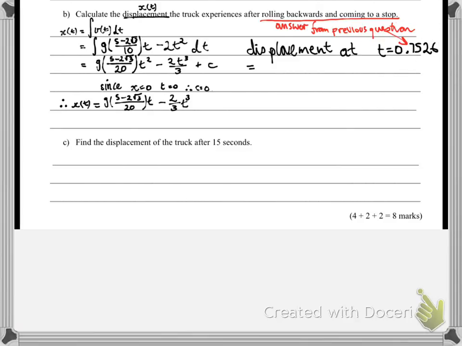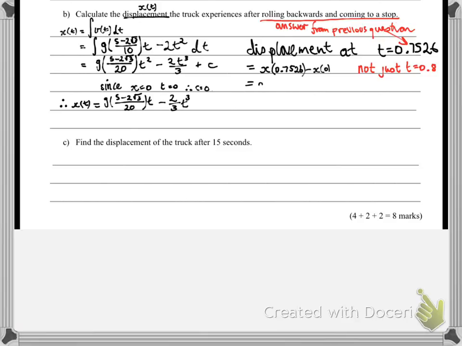In this case, 4 decimal places. So I'm using 0.7526 as the number in my calculation. Not just 0.8, because that's not accurate enough. That's just a neat way to represent the number. But when you're going to calculate with that number, we're going to use a more accurate version of the value. That's this one.